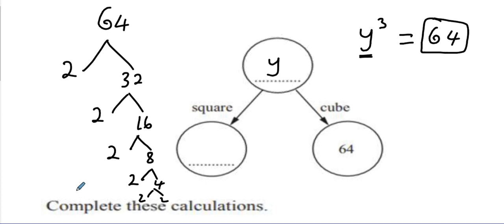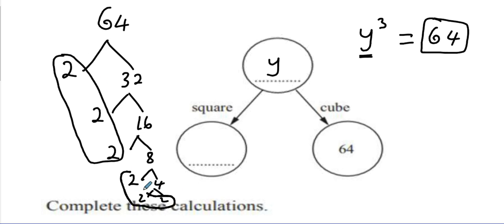Okay? Now, you can see that we have this and we have that. See that? So since we are looking for which number multiplied by itself 3 times gives you 64, in other words, that number will be equal to 4.